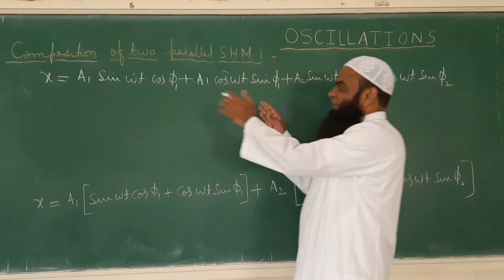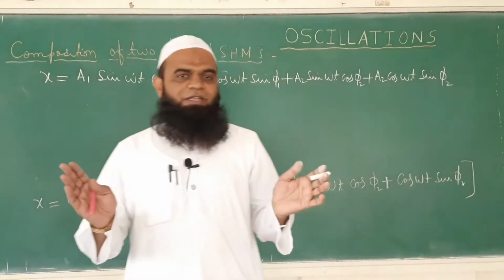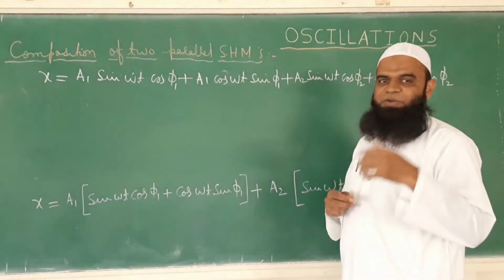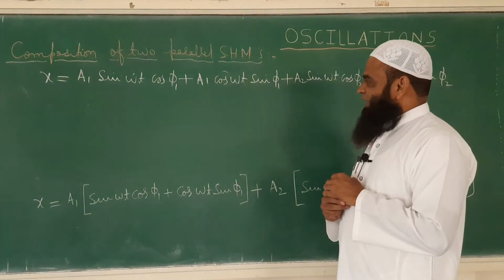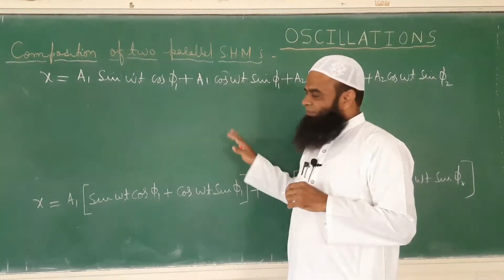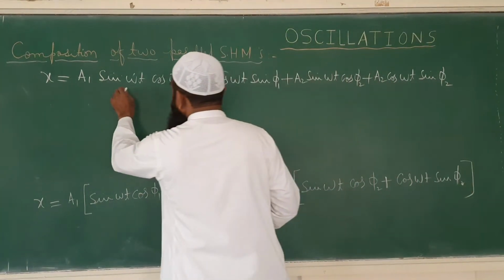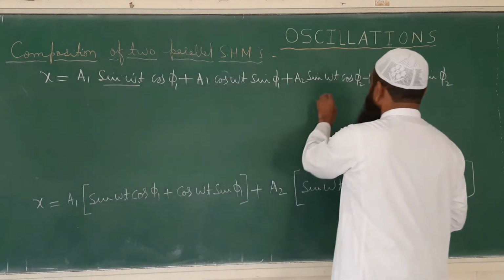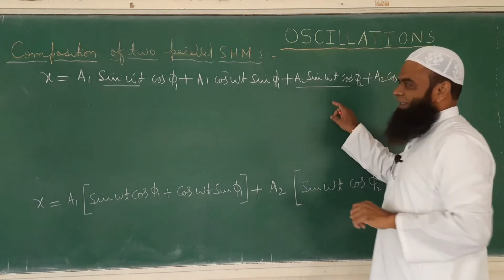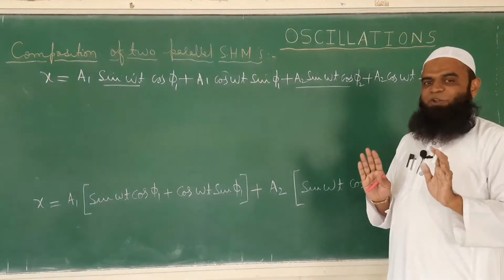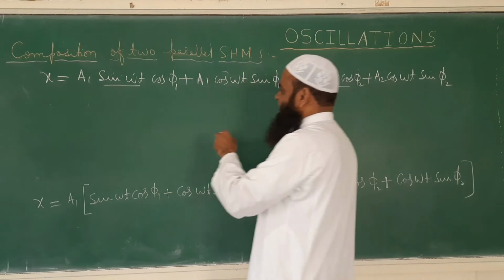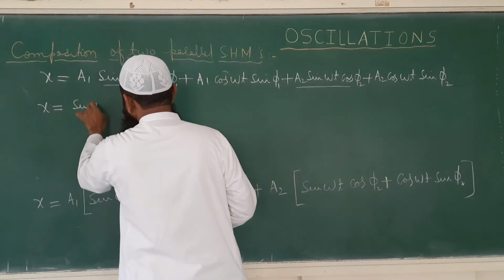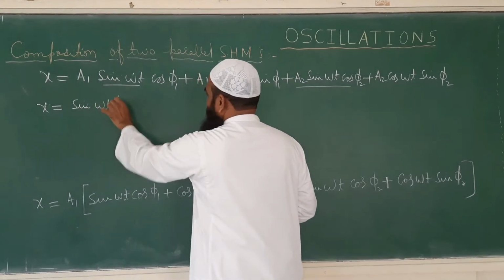Now, this equation is a little bit big. We will try to reduce its size. For that purpose, we will use another trigonometric relation or we will use one constant. In this term of the equation, sin omega t is there, and in this term also sin omega t is there. So, here we can take sin omega t common. Then x is equal to sin omega t outside the bracket. Now, what will remain?